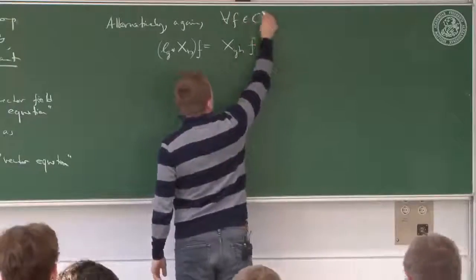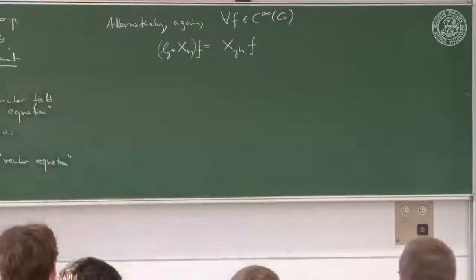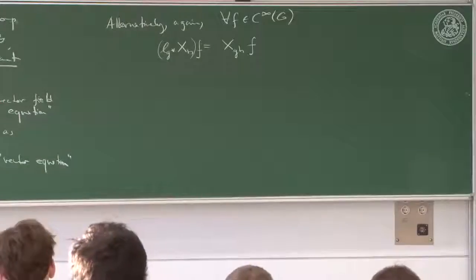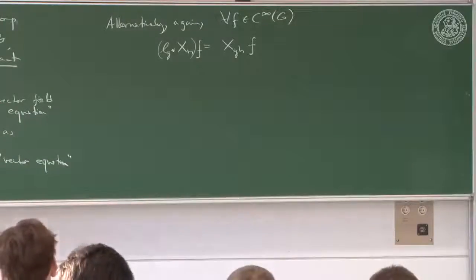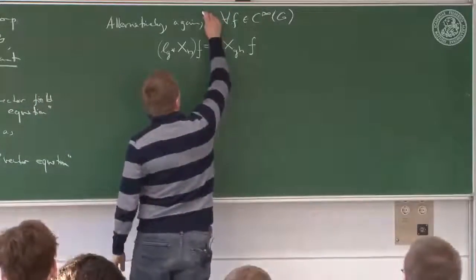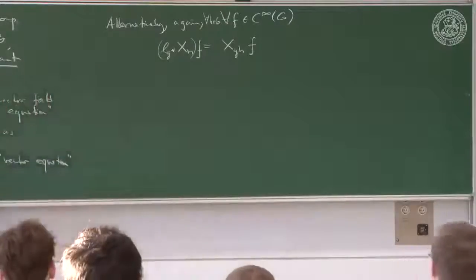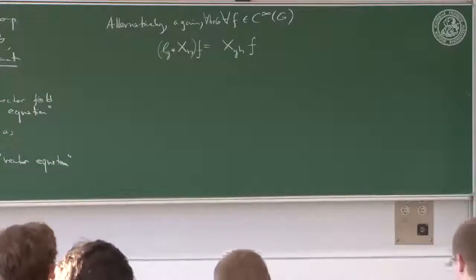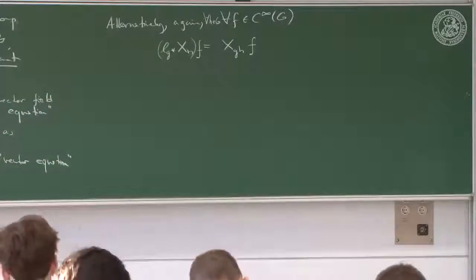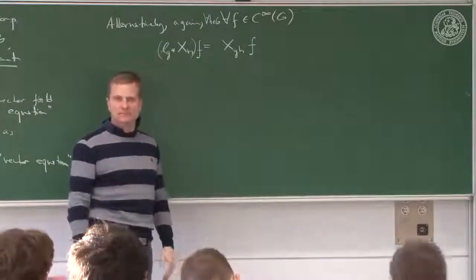So now we take an arbitrary smooth function on our manifold, G. And, well, if this is true for all the vectors, it must be true that for all h in G, and for all f in C infinity of G, this equation is true. Right? It's just, if the vectors are the same, then the action on the function is the same. Okay?